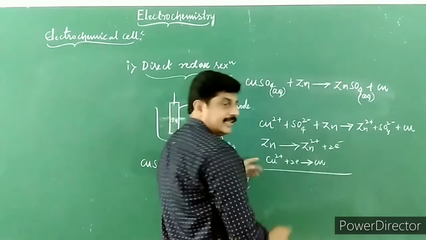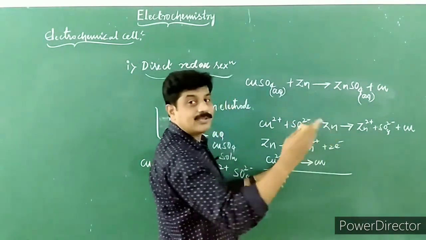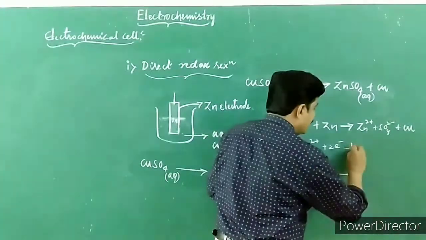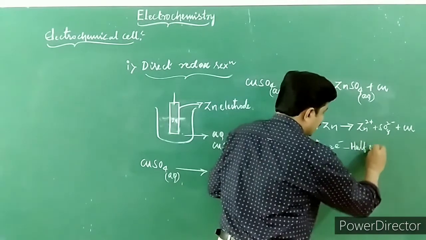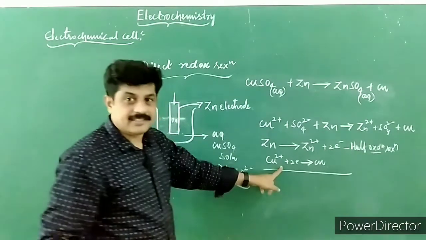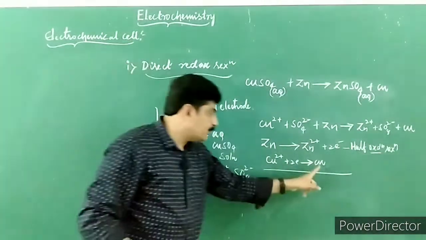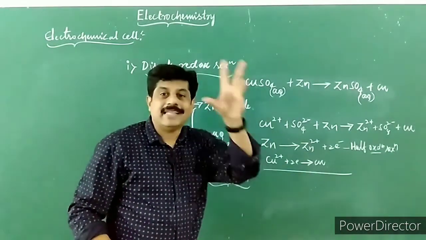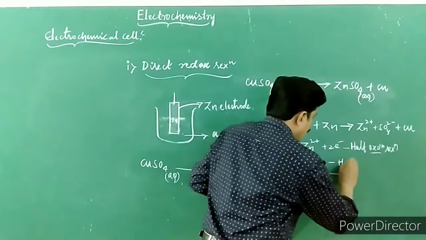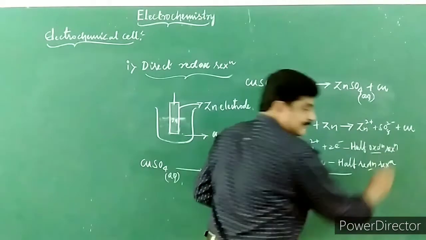Children, look here. In this case, there is a loss of electrons, and you know the process of loss of electrons is called oxidation. That means I can write here the oxidation half reaction. Look at the second case, children: Cu2+ ion gains electrons and gets reduced to copper. That means gaining of electrons is nothing but reduction. So this becomes the reduction half reaction.